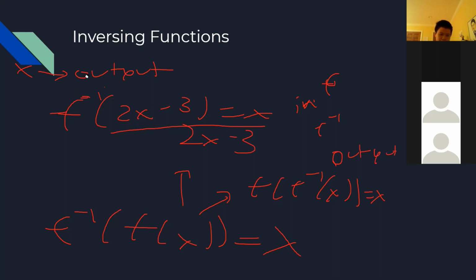So f minus 1 would be the input, or to be more precise, it's what x would be. f minus 1 of x gives us a value such that f of it is x, since x is the original input.